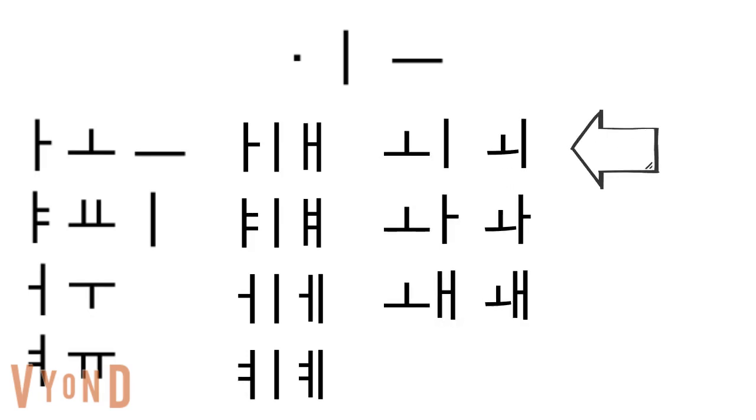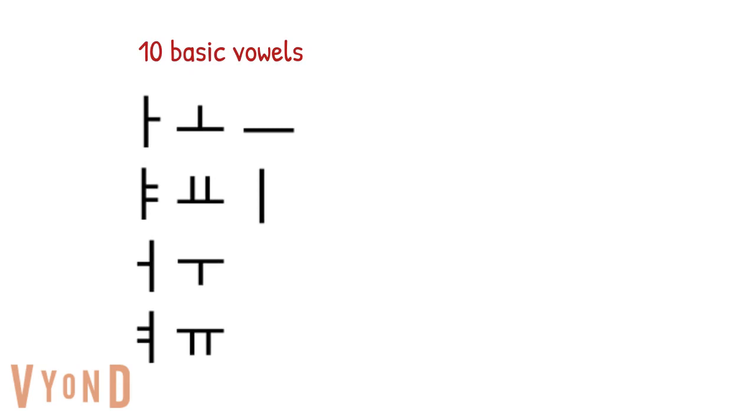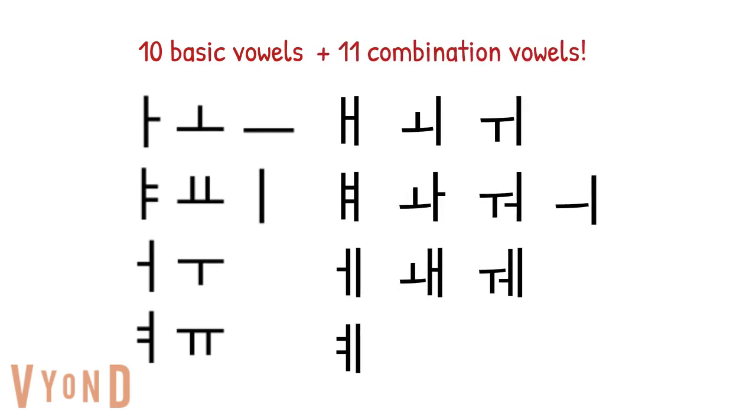O, e, we, o, a, wa, o, e, we, u, i, we, u, o, wo, u, e, we, and I, 의. There you have it, 10 base vowels and 11 combination vowels.